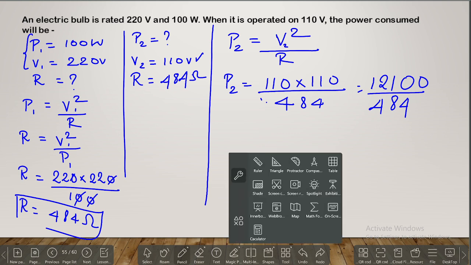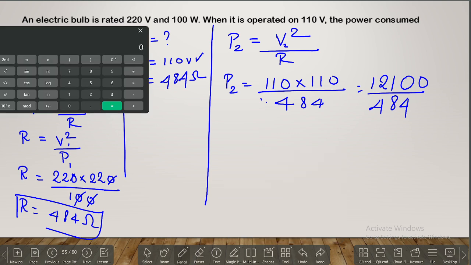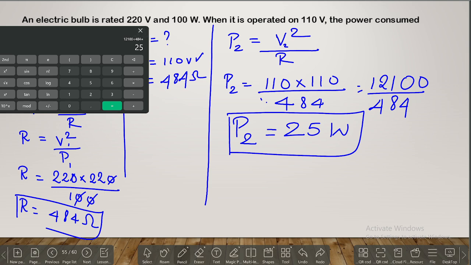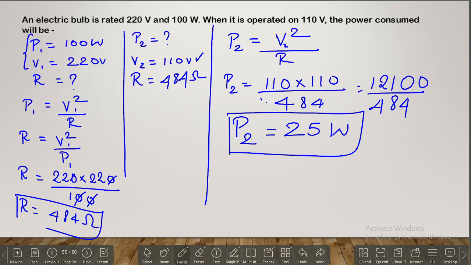If you are dividing these two numbers, 12,100 divided by 484, it's going to be 25. That means the power of the bulb in the second case is going to be 25 watt. 25 watt. So while writing the units, write it carefully, don't make any mistake in the unit part.